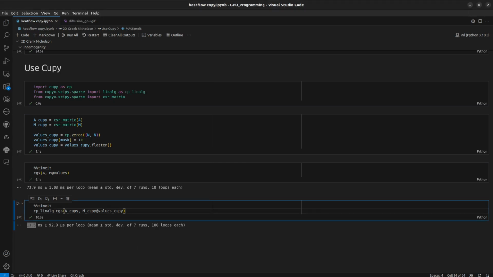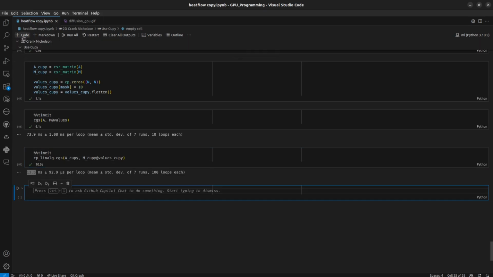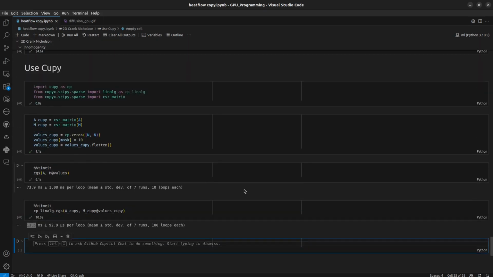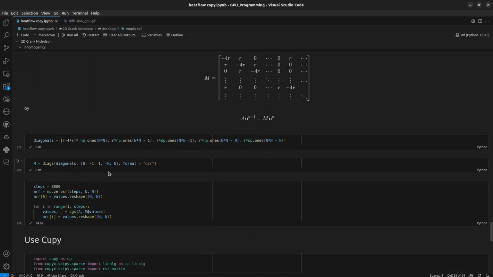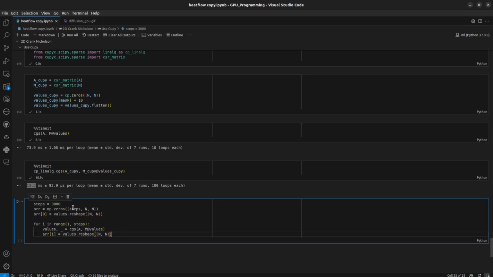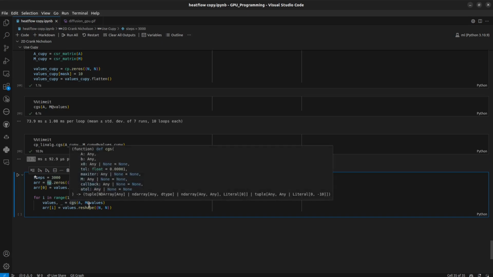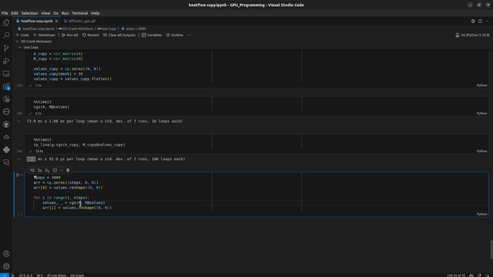Okay, now that we have timed it, we can run our iterative solver, and again it's going to be the exact same as above, only that we have to replace these function calls with the GPU versions.